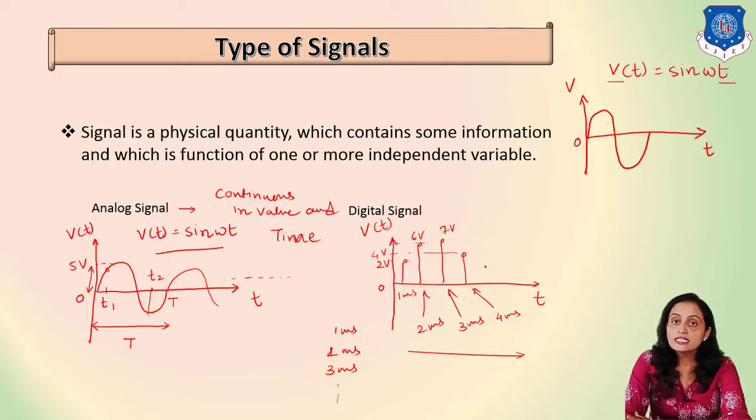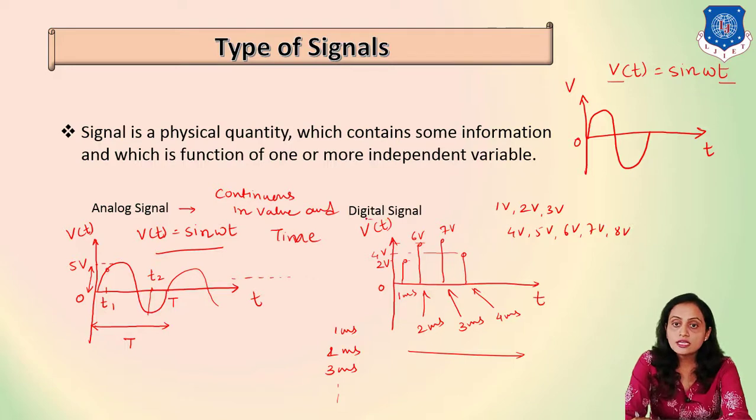So the voltage signal has certain discrete values only, some specific values only, and these can be 1 volt, 2 volt, 3 volt, 4 volt, 5 volt, 6 volt, 7 volt. This is just for an example.